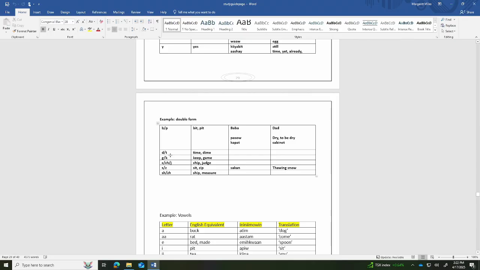So the first one, the D sound in English would be time. No, sorry. The B. The first one is B. B and P sound in English would be bit or pit. In Nimuan, you would say baba, meaning dad.